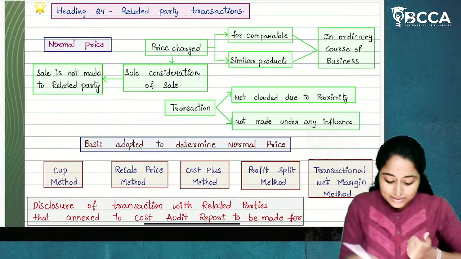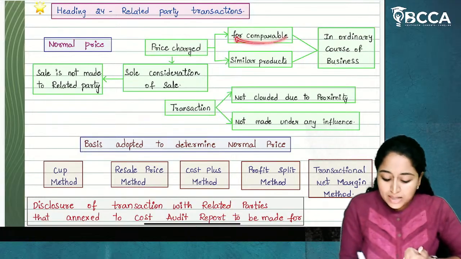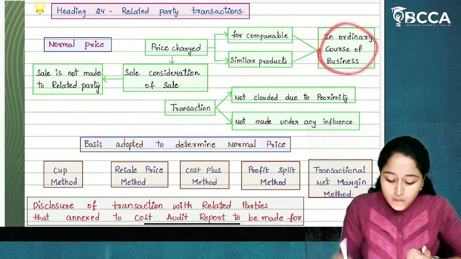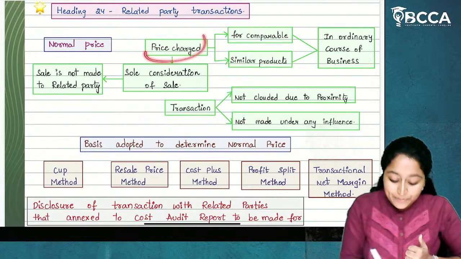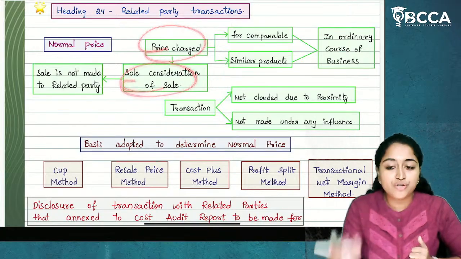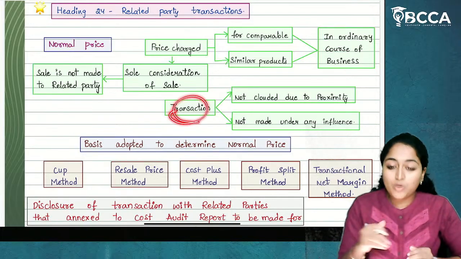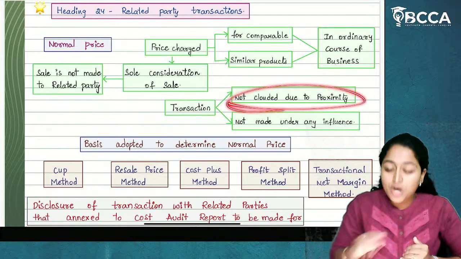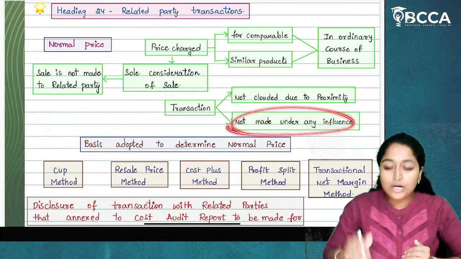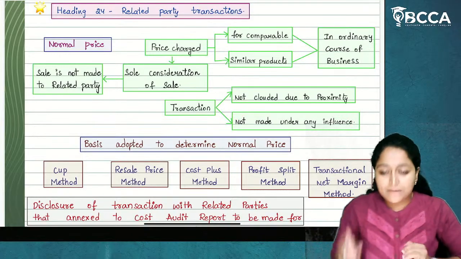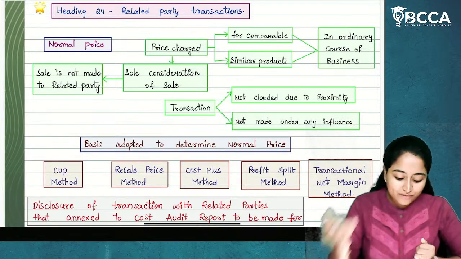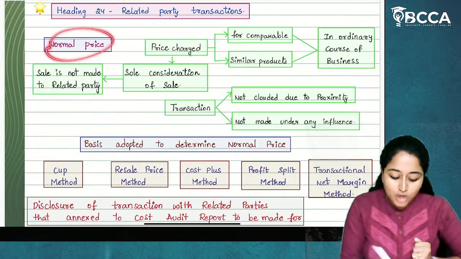So you have to write this. Price charged for comparable and similar product in ordinary course of business, where the price charged is the sole consideration of a sale and the sale is not made to a related party, and whatever the transaction is made is not clouded due to proximity and not made under any influence. In that kind of transaction, whatever price is paid is called the normal price.